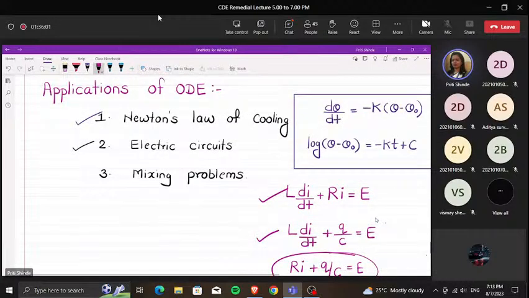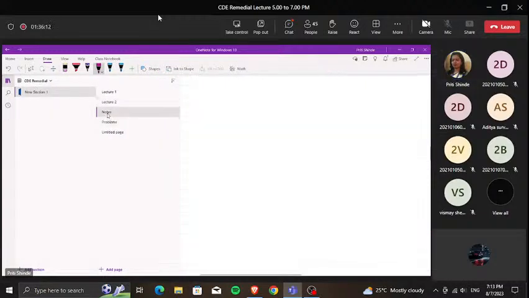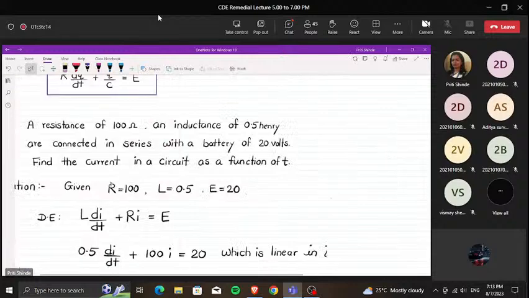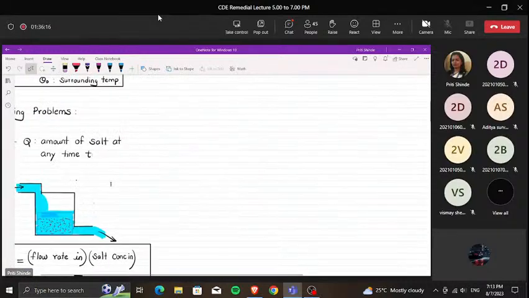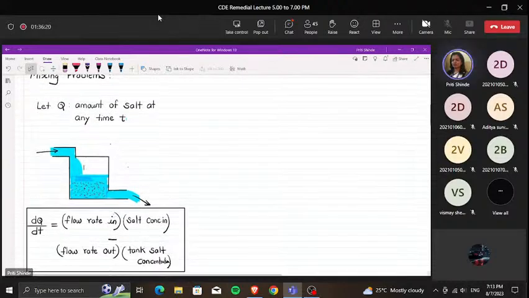But in the case of mixing problems, like Newton's law of cooling, you can directly write down your final expression and your solution. So for mixing problems, there is a tank in which there is some liquid and some salt is dissolved in it.